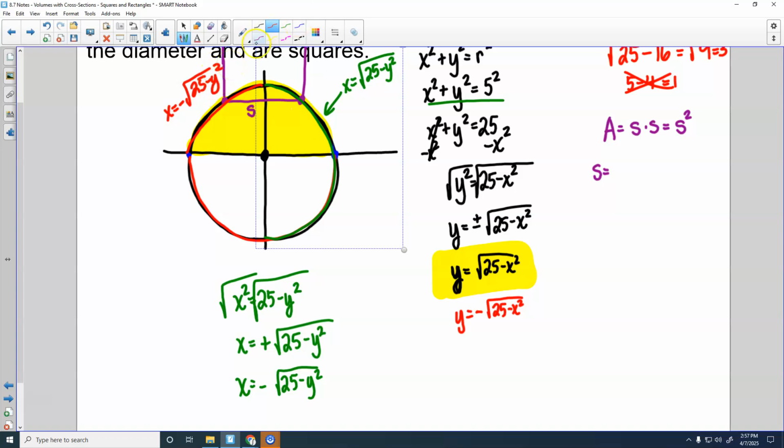So my S is going to be the positive part, square root of 25 minus y squared, minus the left part, which is negative square root of 25 minus y squared. What happens when I have that double minus right there? It turns to positive. So S is going to be a little bit easier. If I add those together, that's going to be 2 square root of 25 minus y squared.